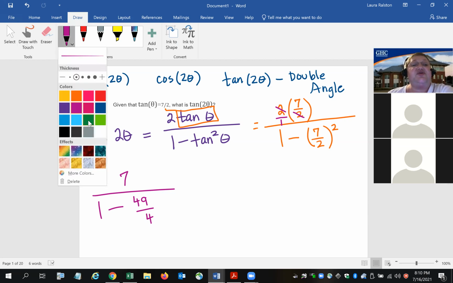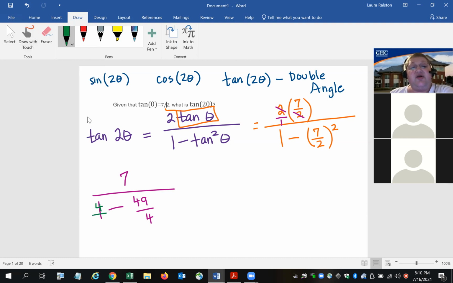Then I need to combine that denominator together. I have to rewrite the 1 in terms of fourths. It takes 4 fourths to make a whole. So I have 4 over 4 minus 49 is negative 45 over the common denominator of 4.